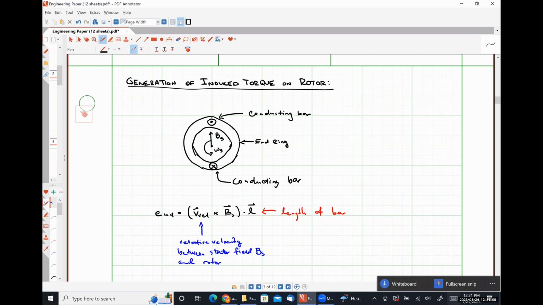All right. So what happens when I have a current carrying conductor in the presence of a magnetic field? You guys heard of the Lorentz Force Law before? Okay.